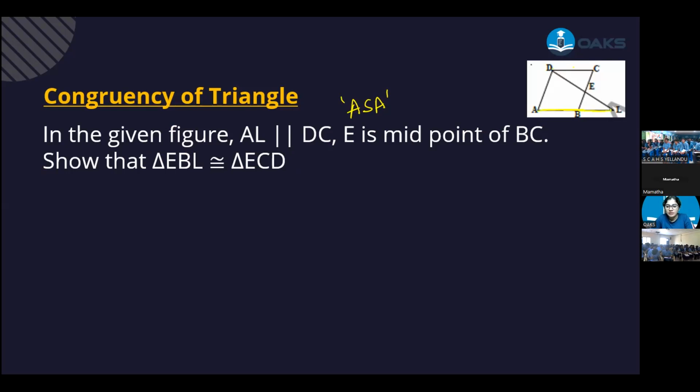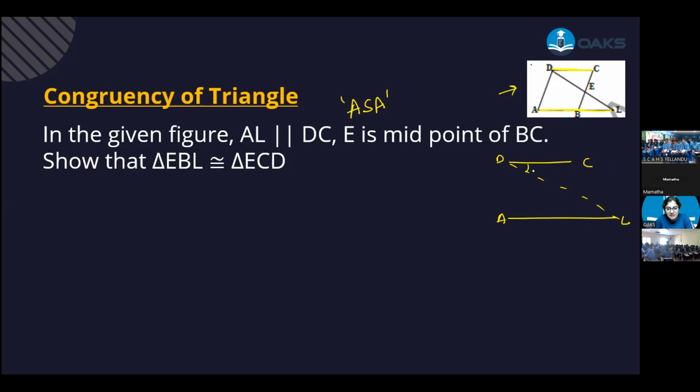It is parallel to DC, which means we have some angles equal. Now, if AB is parallel to DC, we can consider DL as the transversal. See, this is DC, this is AB, or we can say AL, this complete line, and this will be acting as the transversal. Can you see that in the figure?